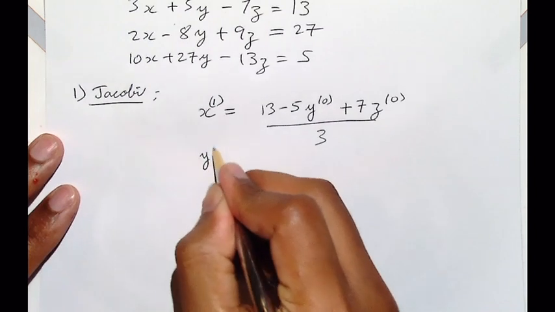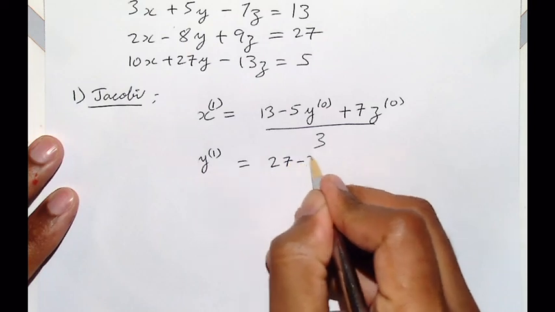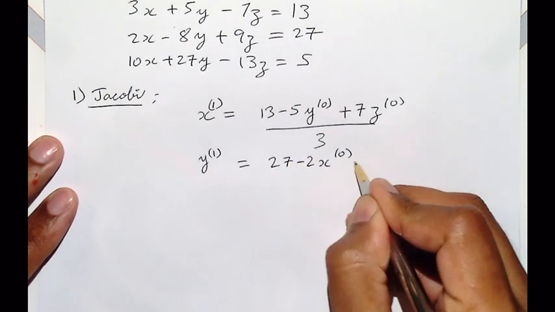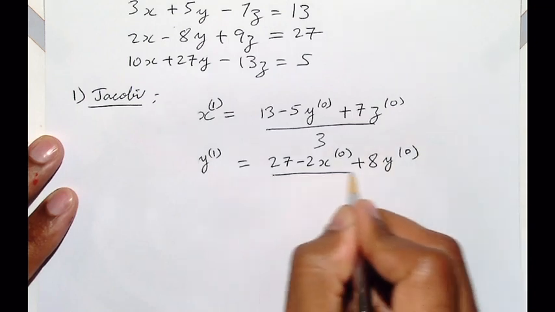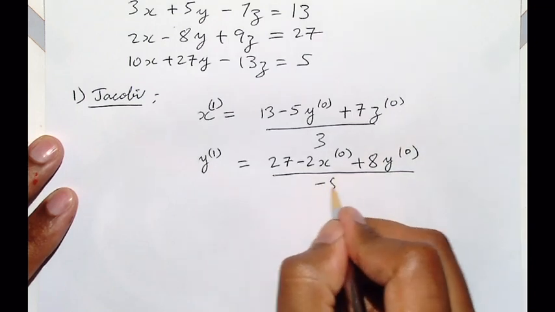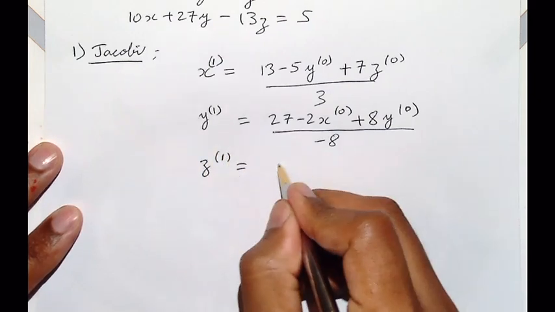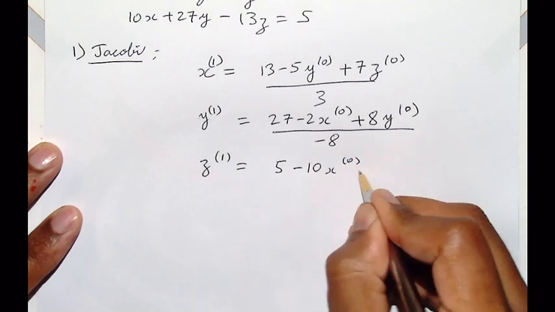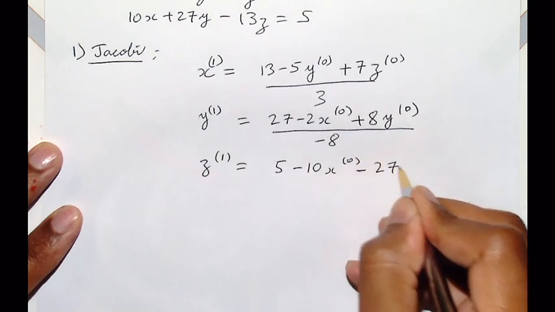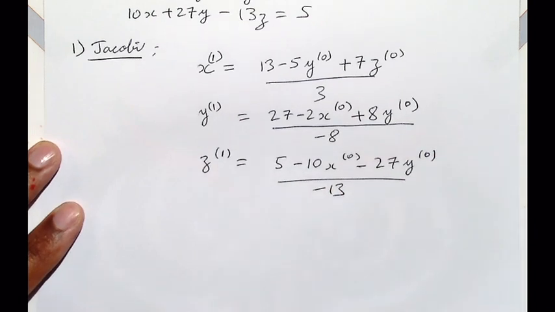Then y1 will come from the second equation, which is 27 minus 2x at 0 plus 8y at 0 over minus 8. And the same for z: z at 1 equals 5 minus 10x at 0 minus 27y at 0 over minus 13.